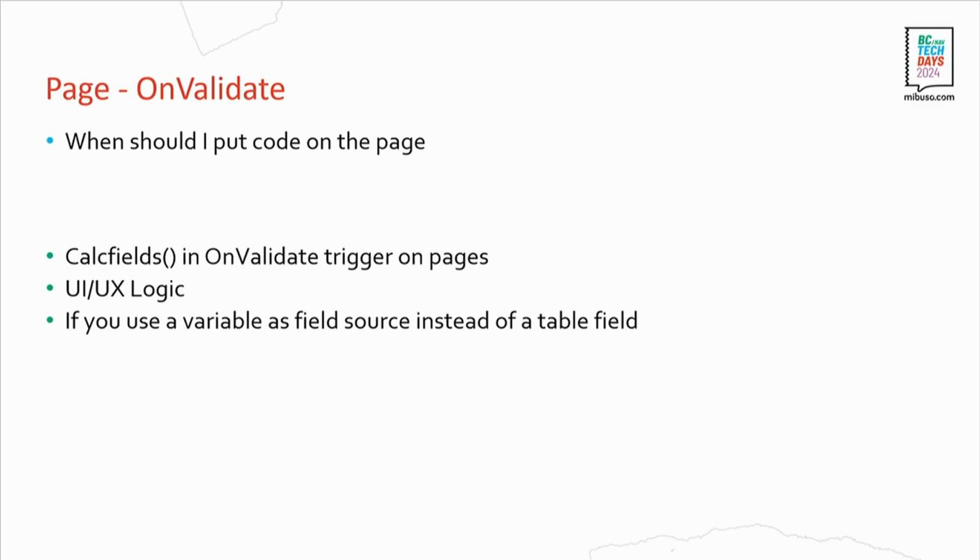If you need to validate the user's input, you need to do that on the page, and the validation code is the best place to be there. There is no way to put that on the table. So, anything else I missed for the pages? I think not. I think that was it.